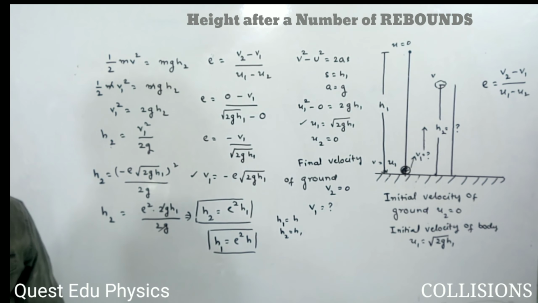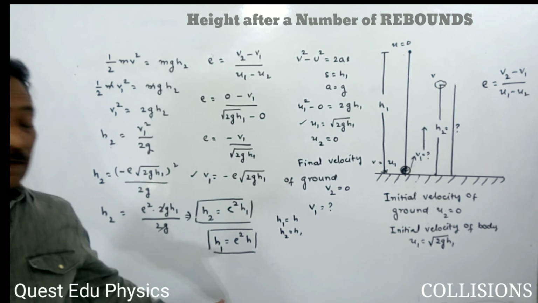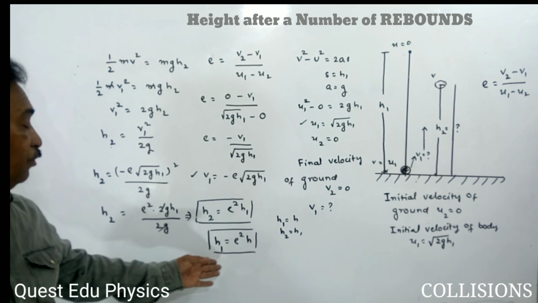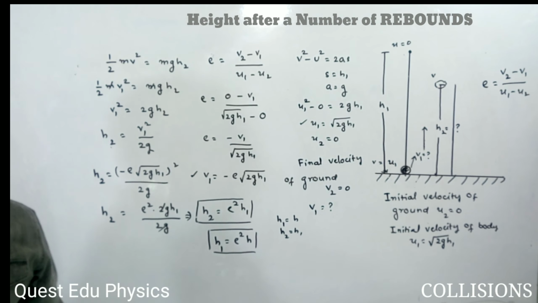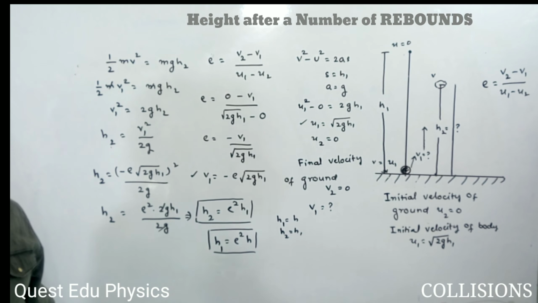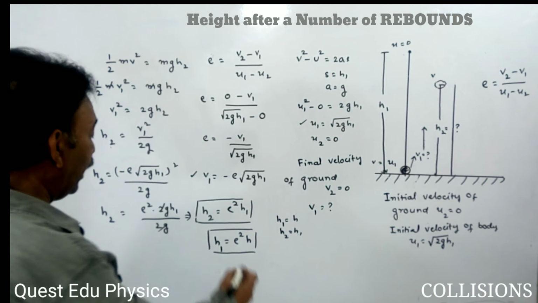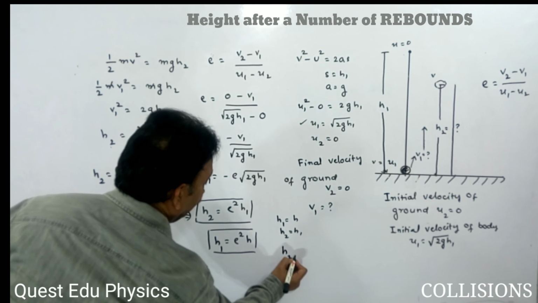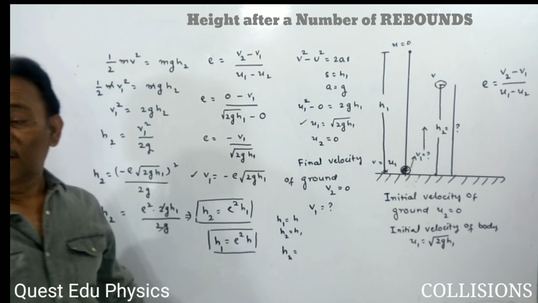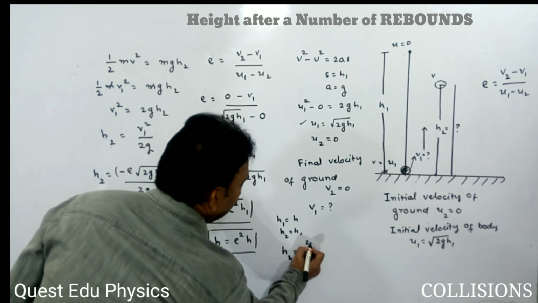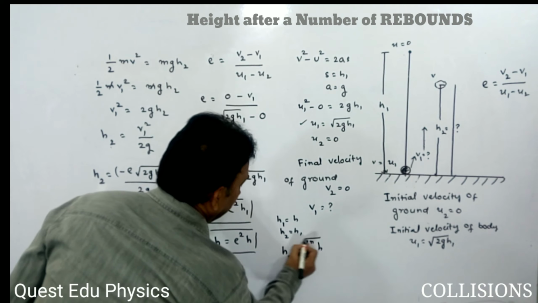In the same way, if you consider the second, then you have e square into h2, that is h3. In this way you will get a relation. Okay students, that can be written as, hn is equal to, just think what it would be, e to the power 2n into h.